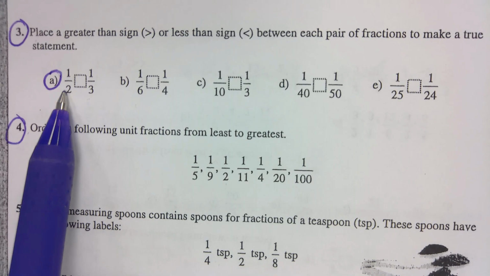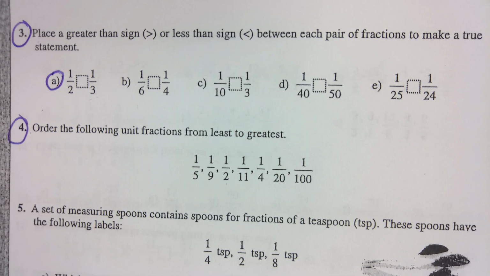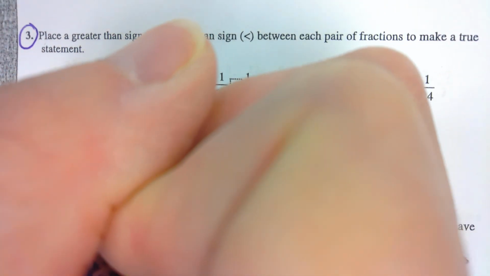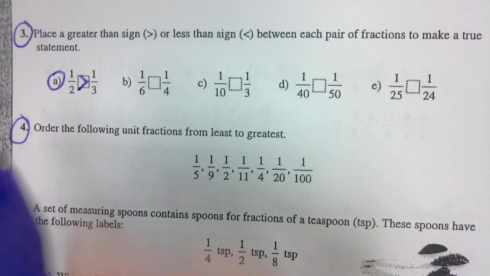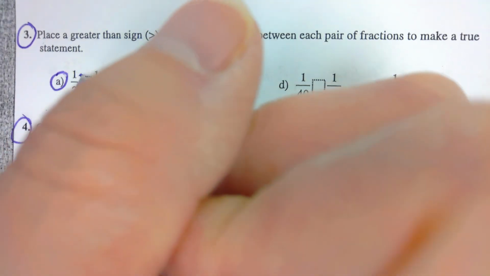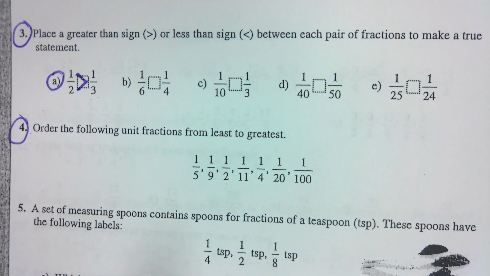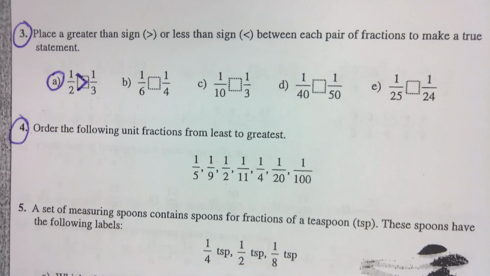I have half a pizza and a third of a pizza. Which one has more? The half, right? And so we have this symbol right here to show that this is bigger than this. So I think your teacher taught you guys the alligator mouth. Okay, so the one with a mouth is the bigger side, so half is greater than a third.